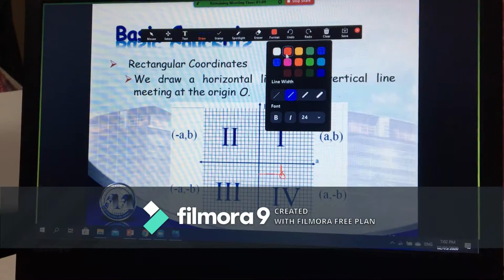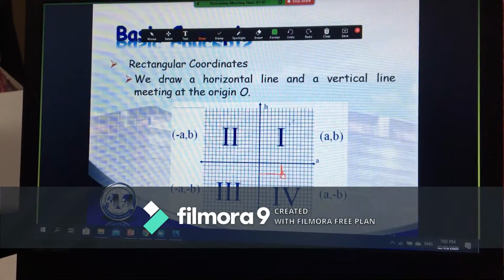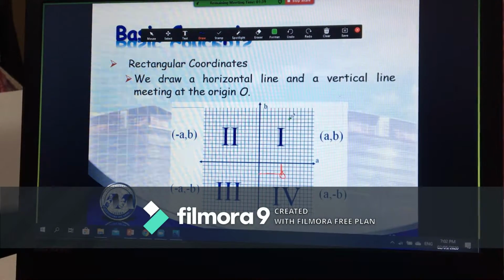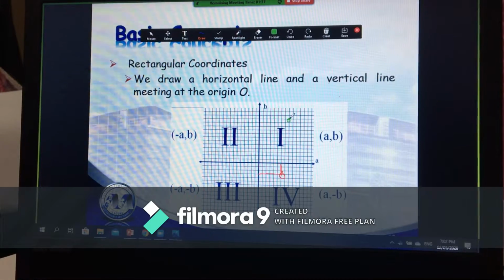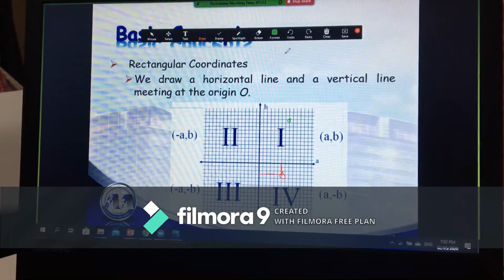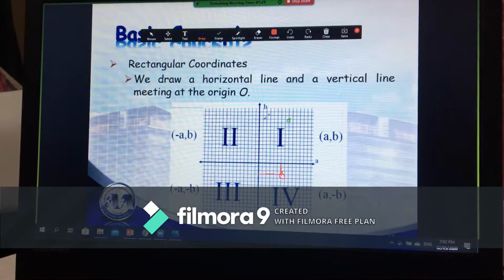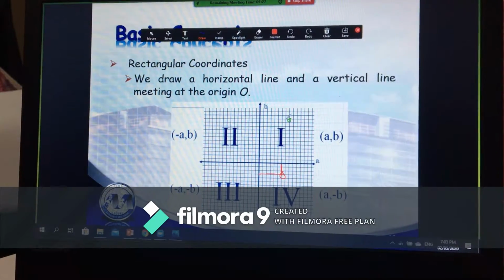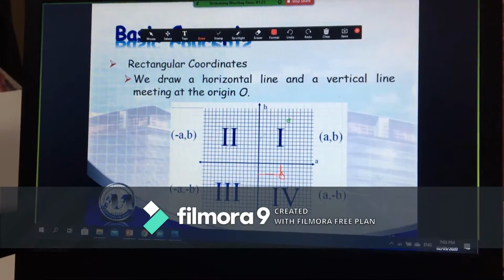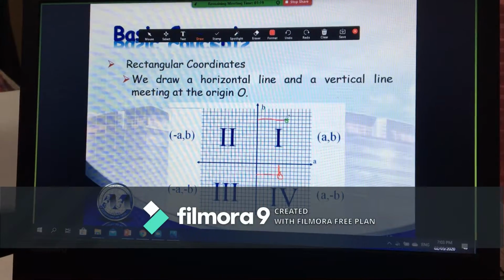So when you speak of coordinates, for example, this point, ang ibig sabihin yan, if you consider this point here. So itong A na to, class, ang ibig sabihin yan, that is the distance from the vertical. Ang A is the distance from the vertical to that point. Alright?